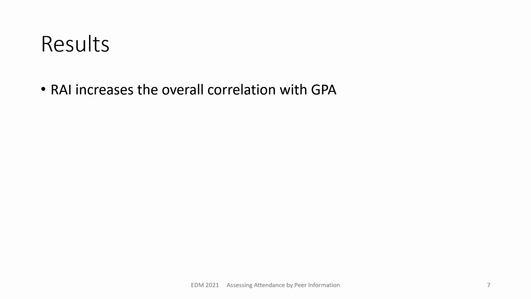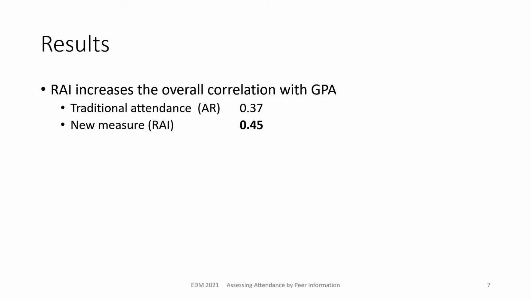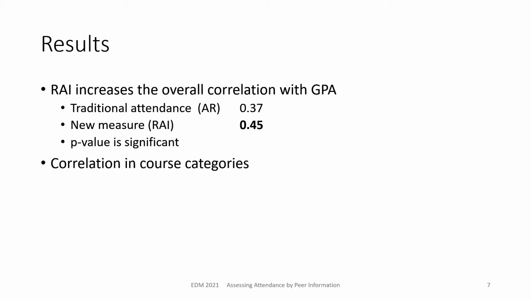Experiment result shows that the new measure, RAI, outperforms the traditional attendance rate, denoted as AR. RAI has a better overall Pearson correlation with GPA. When decomposed into course categories, RAI is better than AR on 73% of the categories.